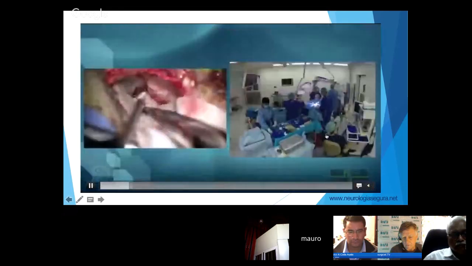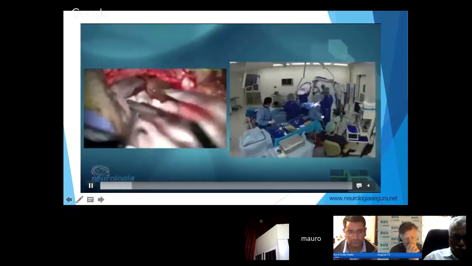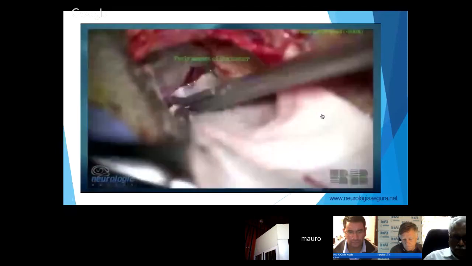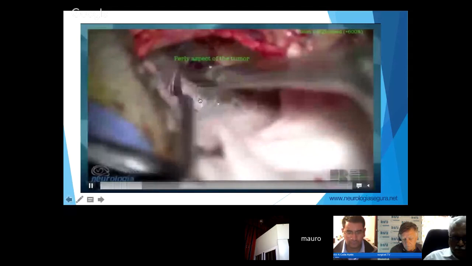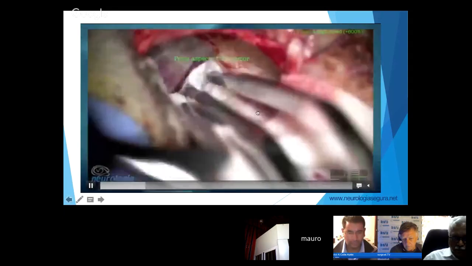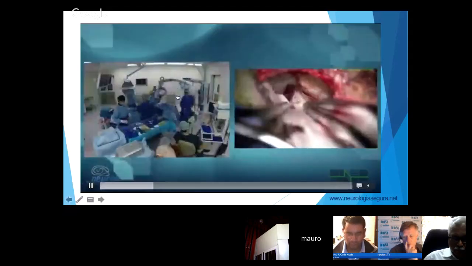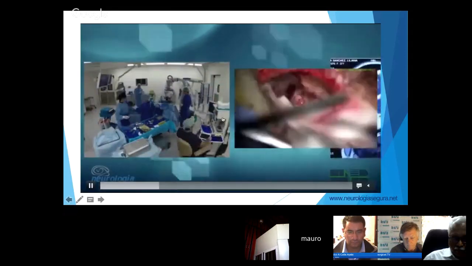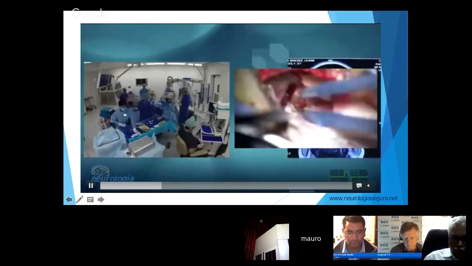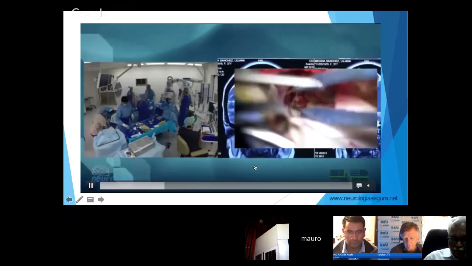So I have to insist that the most important thing is to have a clear and defined diagnosis before the surgery. This is the early aspect of the tumor, as you can see. The second point, in my opinion, is to have all the technology available for this case, including microscope and endoscopy, anesthesiologist, the machine, aspiration, CUSA, etc. If you don't have all this, we don't recommend this surgery.